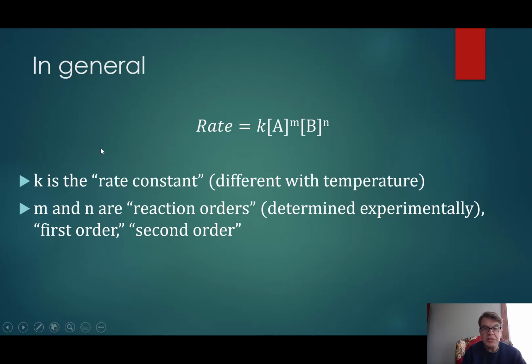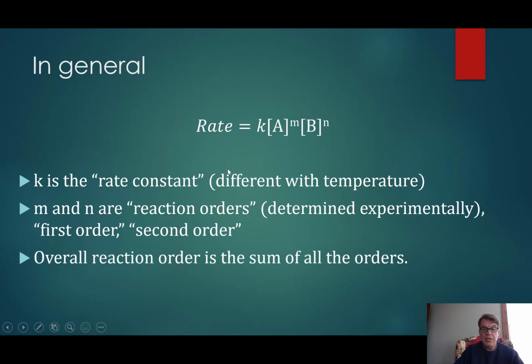All right, so this is the formula to know. This is the big takeaway from this video and from this section, this formula right here. There is something called the overall reaction order, and it is simply the sum of m and n, and if there were more there, the sum of them all, and we call that the overall reaction order.